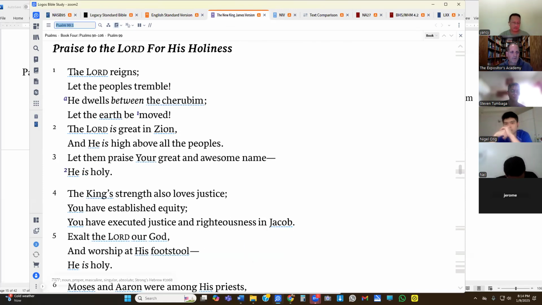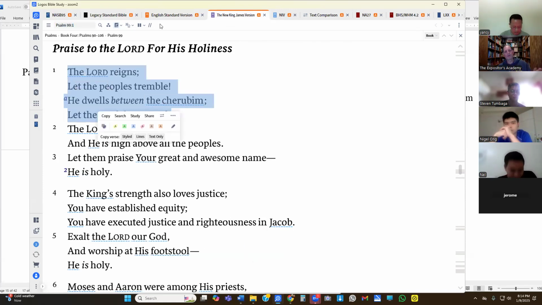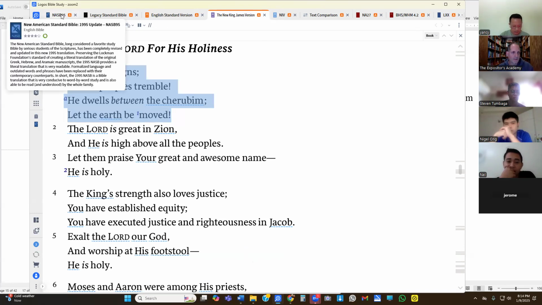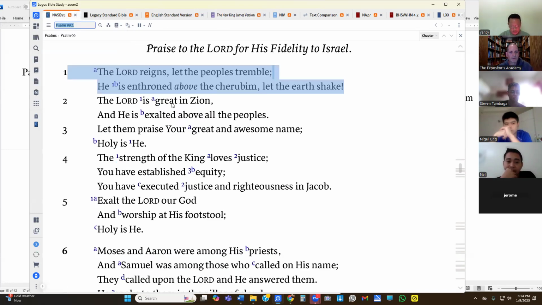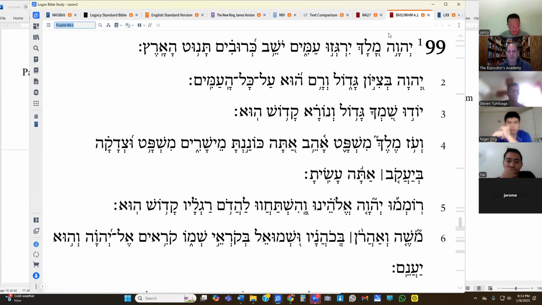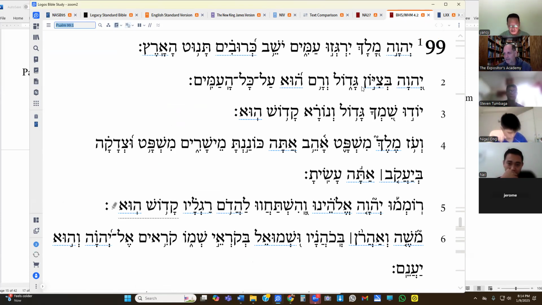New King James is four, but we'll go with the two lines, so it'll match the New American Standard approach. Sometimes it will be a little different, and I'll point that out as we go through. Unless you guys can pick up and learn Hebrew and learn Hebrew accents in the next week or two, then you can go right to the Hebrew text if you want.